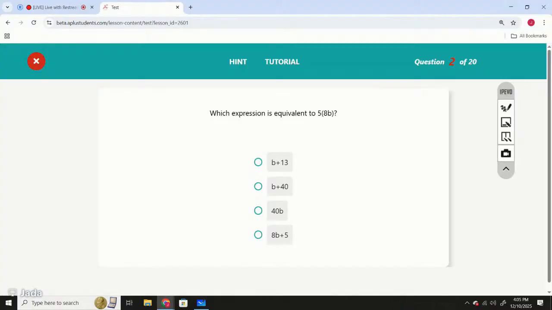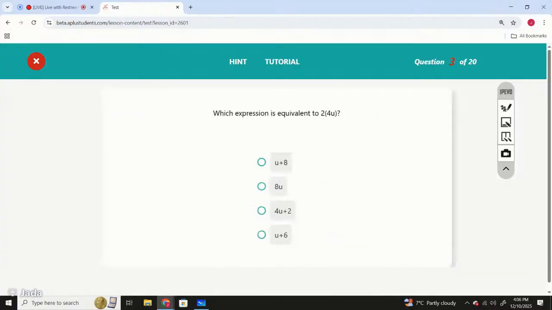Which expression is equivalent to 5 times 8b? So 5 times 8 is 40. So that is 40b. Option number 3 is the correct option.